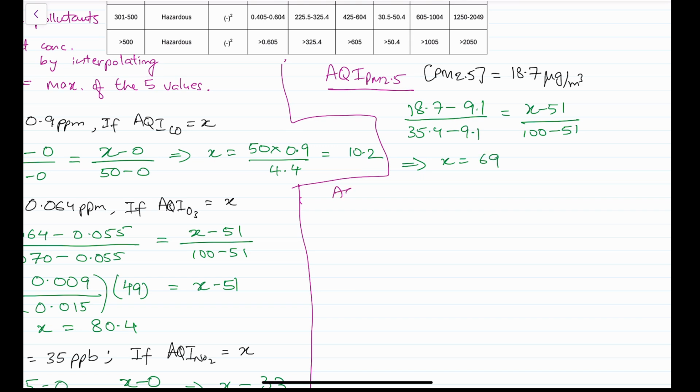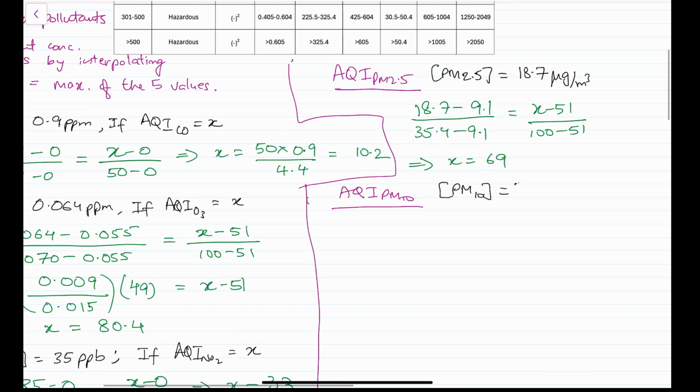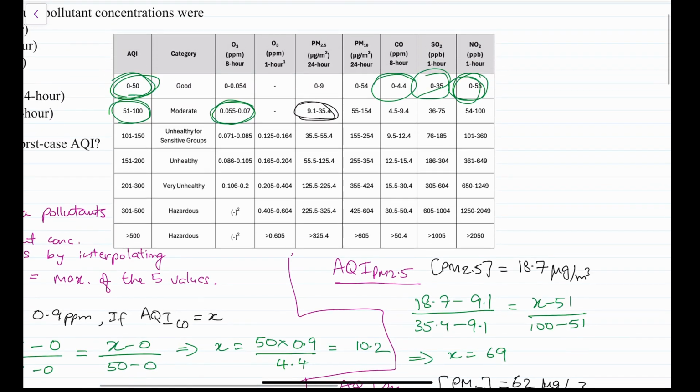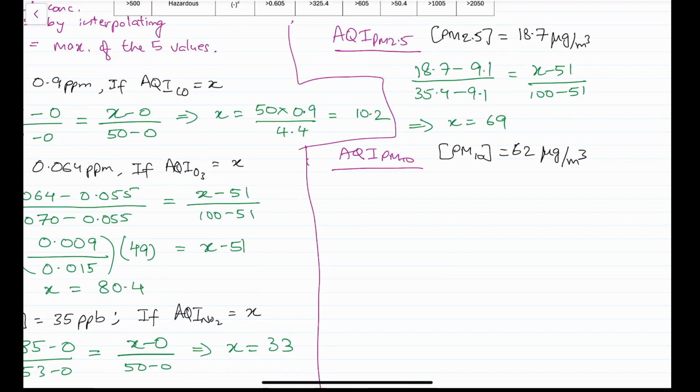And finally, for PM10, the concentration given is 62 microgram per meter cubed. And so this time we are again in the second row.